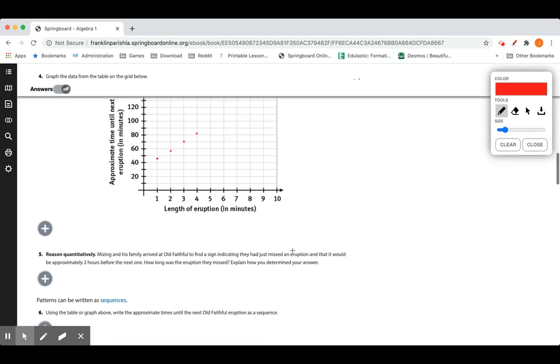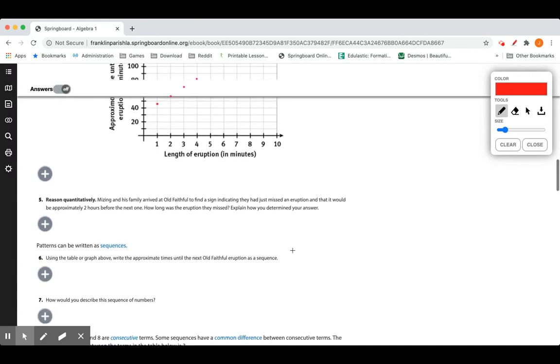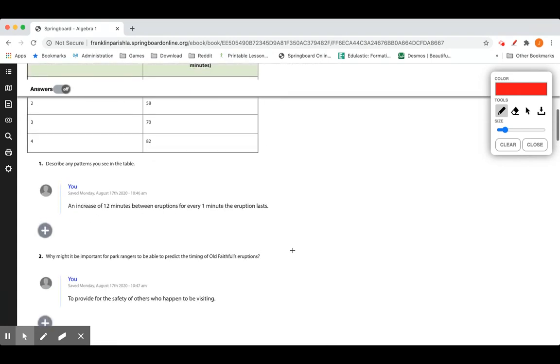Number 5, Meising and his family arrived at Old Faithful to find a sign indicating that they had just missed an eruption and that it would be approximately 2 hours before the next one. How long was the eruption that they missed? And explain how we determined our answer. All right, let's go back up to the chart.